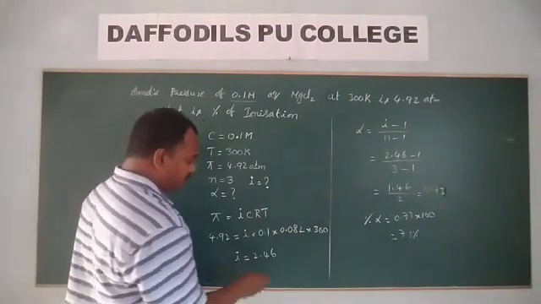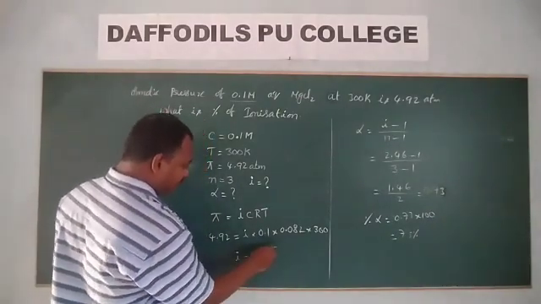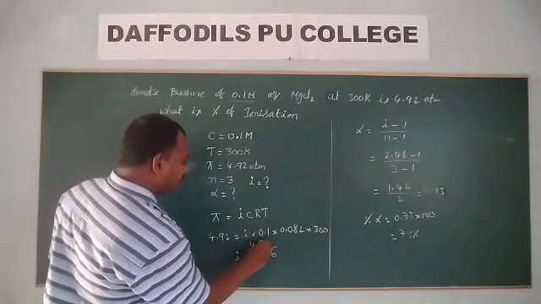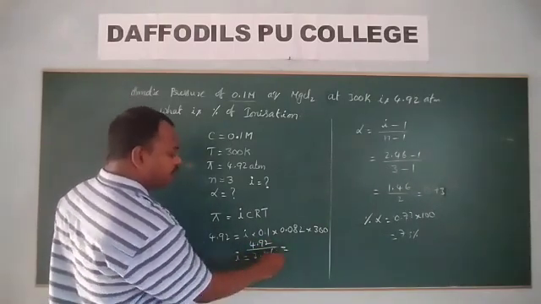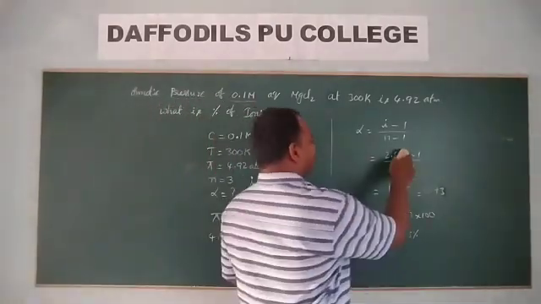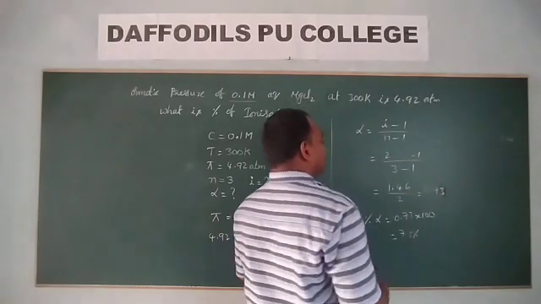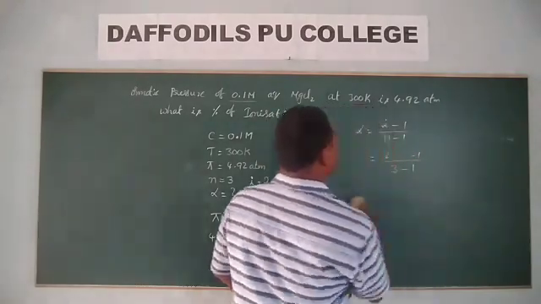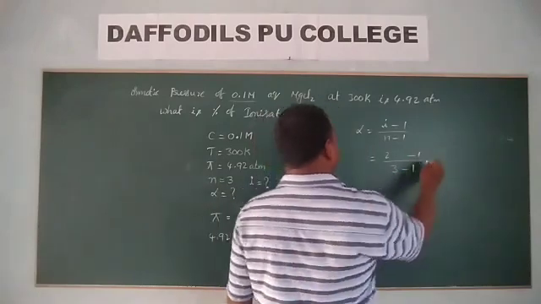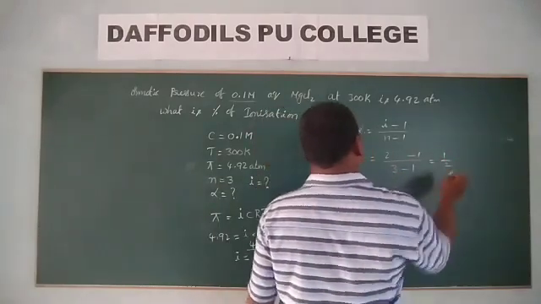Sorry students, here we made a small calculation mistake. So this is 4.92 by 2.46, which comes as 2. So this is 2 minus 1 by 2, which is 1 by 2.